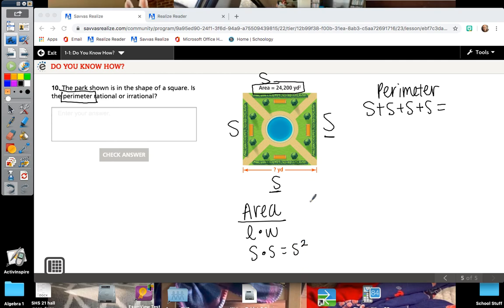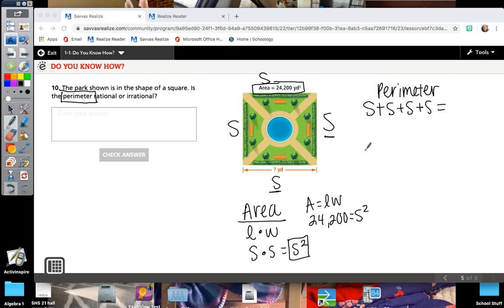So in this case, for our area formula, area equals length times width. We just found out length times width is s squared. Let me write this the other way so I have my room. Our area is up here. That's 24,200. That equals your length times width, which we said down here was s squared.